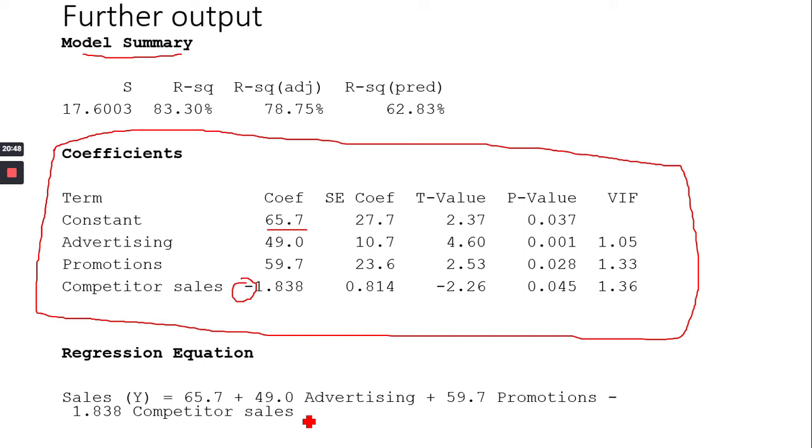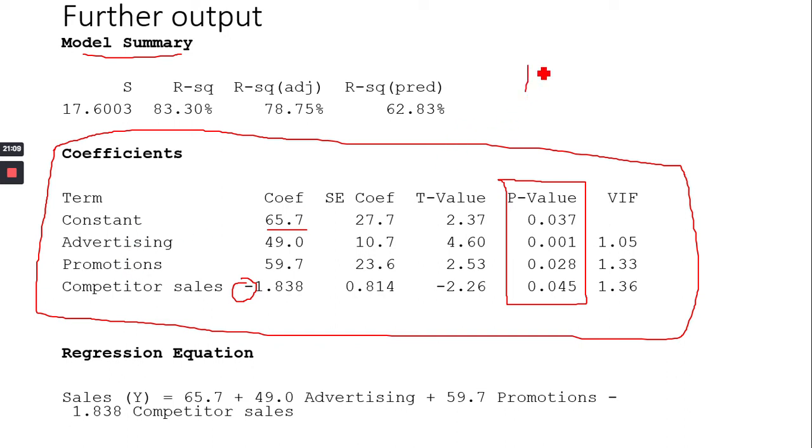But more importantly is again to look at the p-values. These p-values are based on a student's t-test. We did this when we were doing biostatistics. So we are testing the significance of each of these variables in our model.